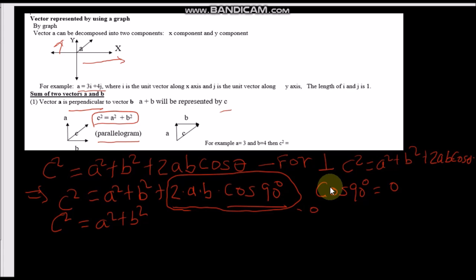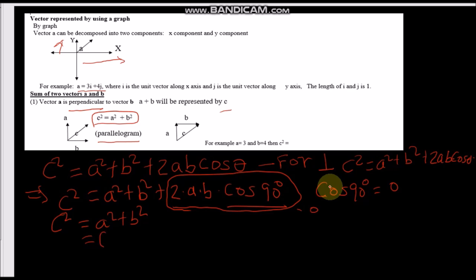Now for example, here we have vector A has the value 3 and vector B has the value 4. Then, what is the value of vector C? The value of vector C can be calculated by C square is equal to A square plus B square. That means just substitute all the values.